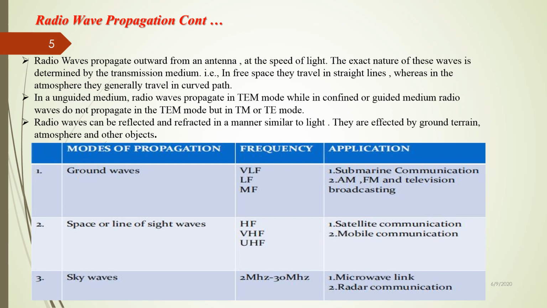Space wave propagation, also known as line of sight, has a frequency range between high frequency, very high frequency, and ultra high frequency, and the applications are satellite communication and mobile communication. For sky wave propagation, the frequency range lies between 2 megahertz and 30 megahertz, and it is used in microwave links and radar communication.